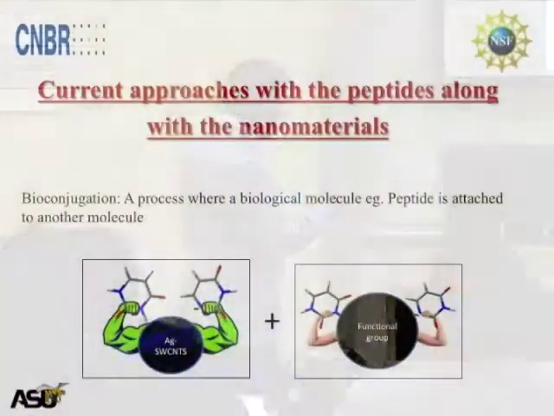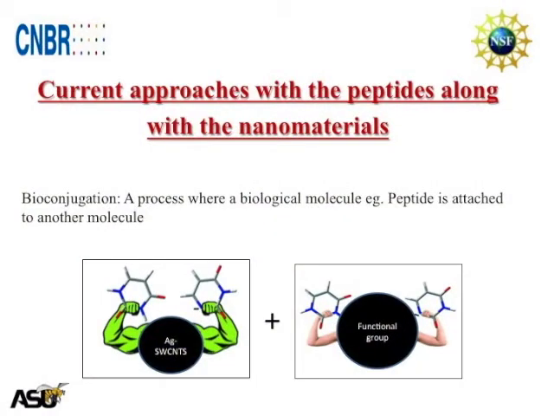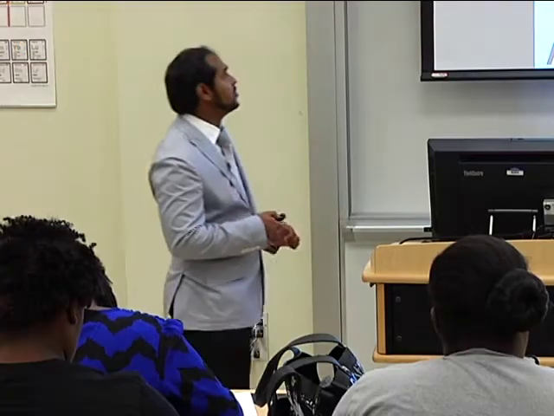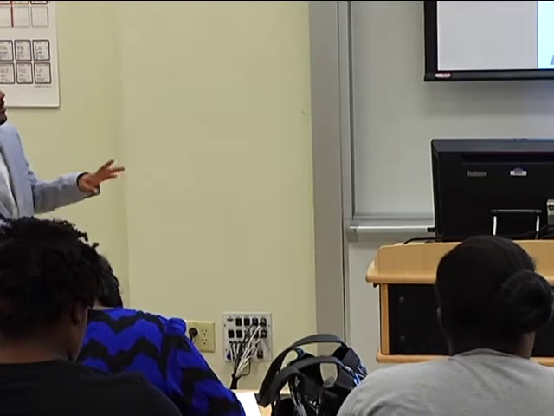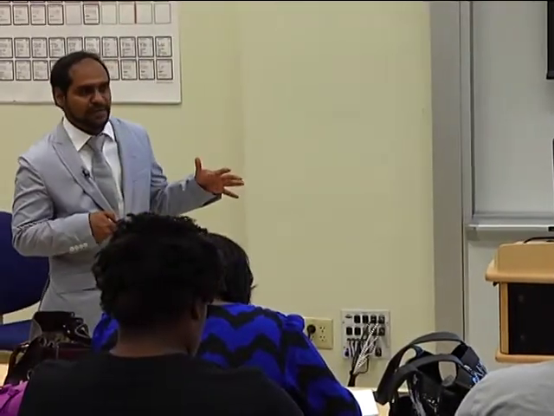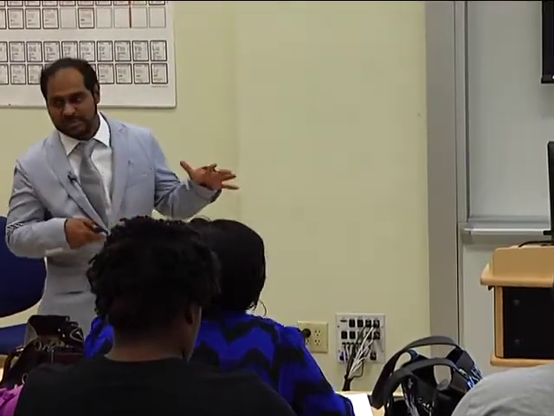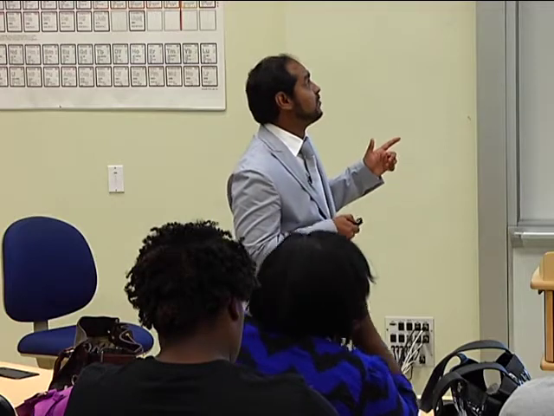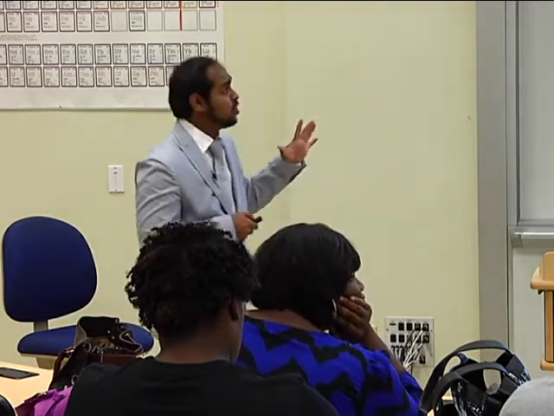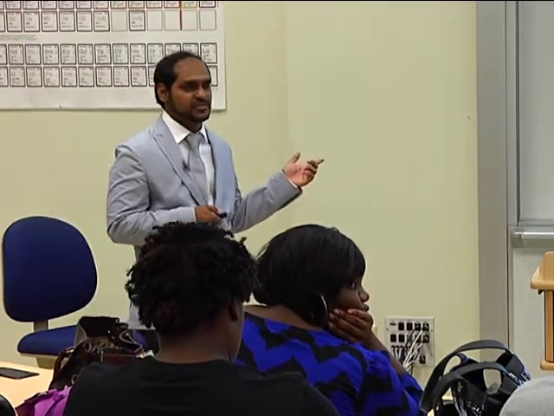As you can see, this is silver CNT attached to the functional group, which can make a stronger combination. This is the simple thing that we did. We mixed both the peptide and silver CNTs together and kept it shaking for 30 minutes. The silver CNTs were first treated with EDC and NHS. These are 2 cross linkers. They activate the carboxyl groups.